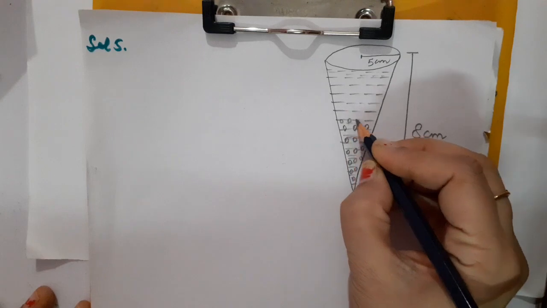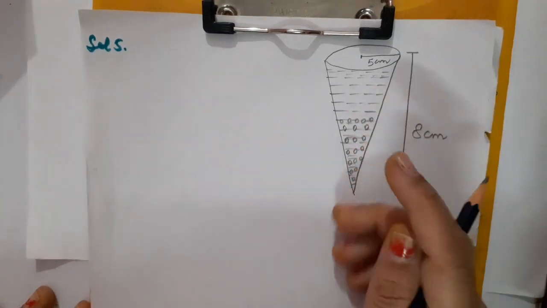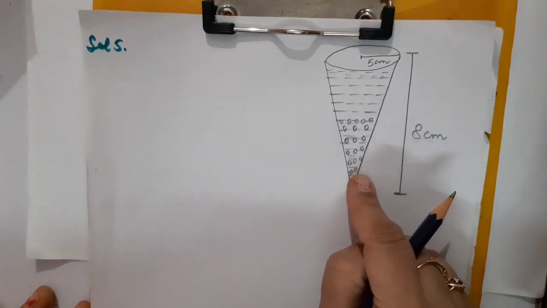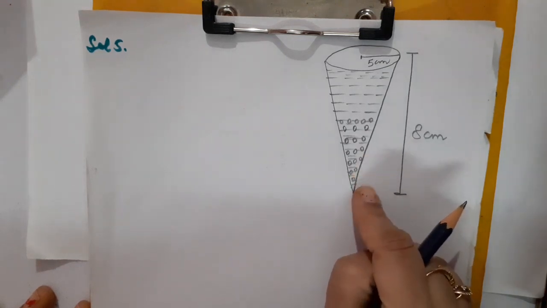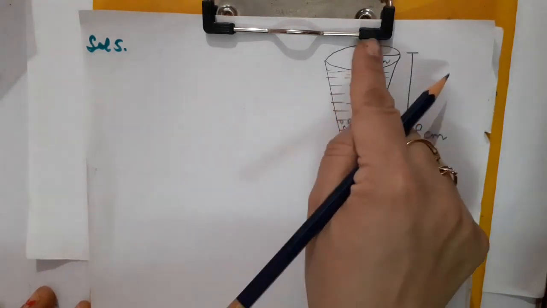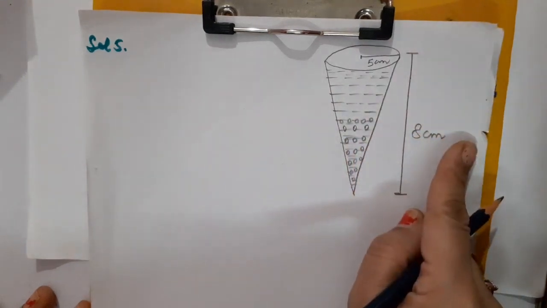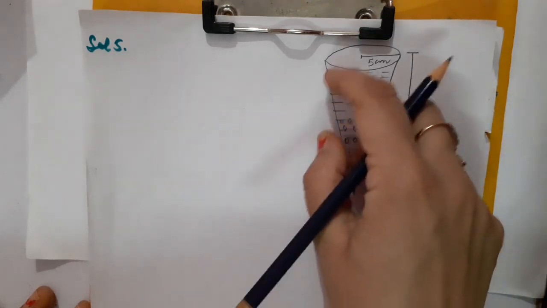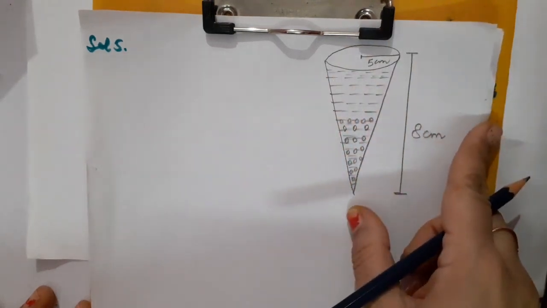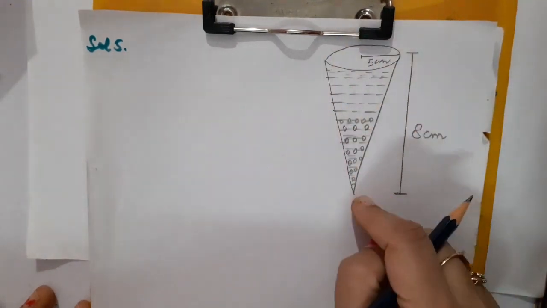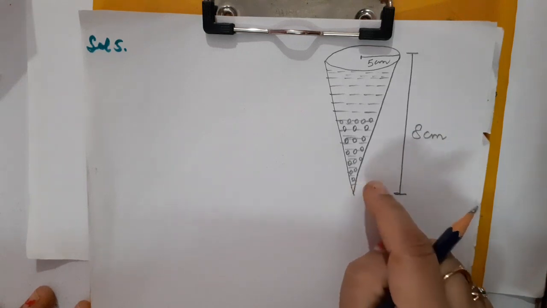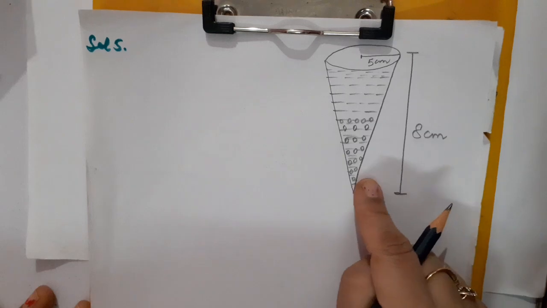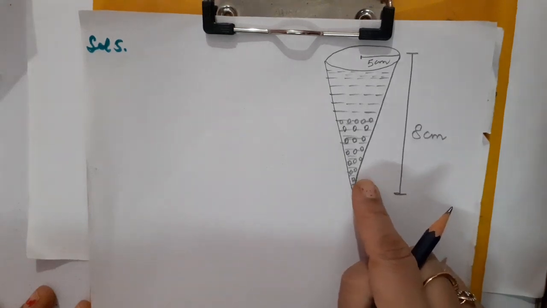But one condition is told in the question that as soon as the lead shots of radius 0.5 centimeter are dropped into the vessel, 1/4 of the water flows out. Means whatever water was filled in it, 1/4 of the water is flowed out from this vessel which is in the shape of inverted cone. Okay, so we are supposed to calculate the number of lead shots dropped in the vessel.